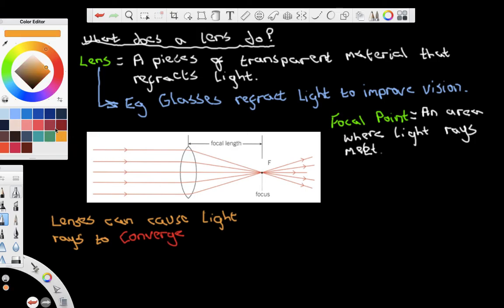They can cause light rays to converge and meet at a focal point by coming together.